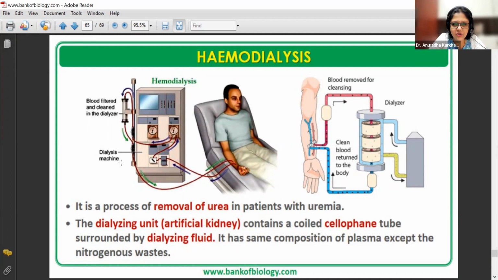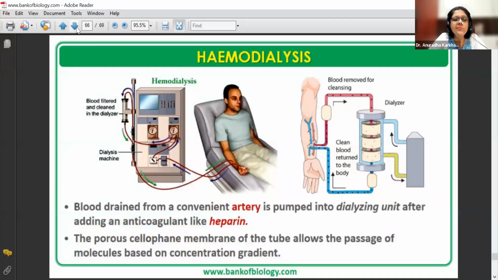Understood? Now, blood is drained from a convenient artery and pumped into the dialyzing unit after adding an anticoagulant like heparin. When the blood moves out of the body, it is going to clot, because it no longer has the anticoagulating factors being added to it now that it is coming out of the body.